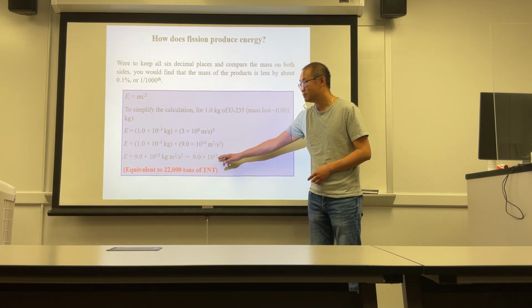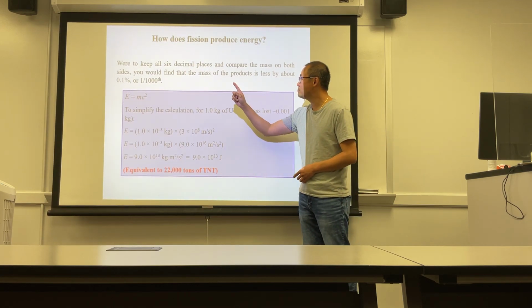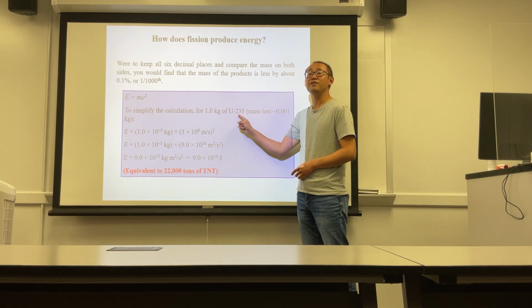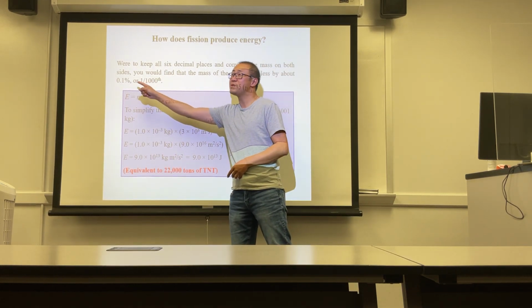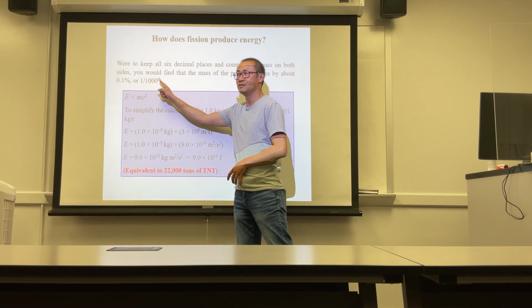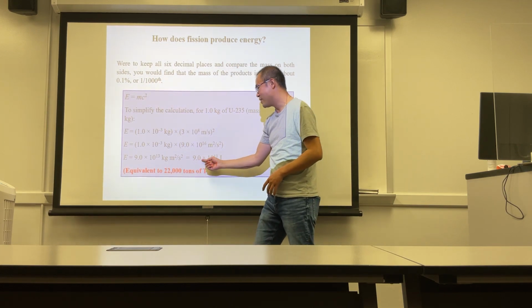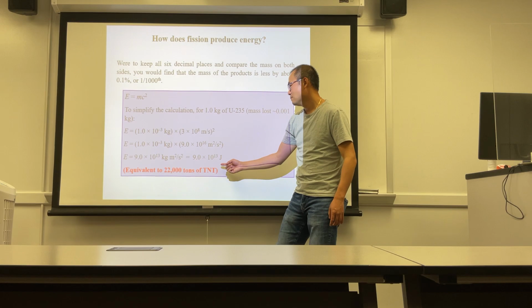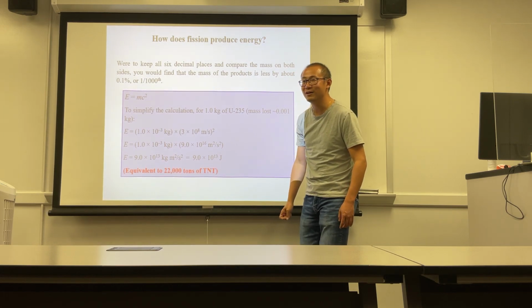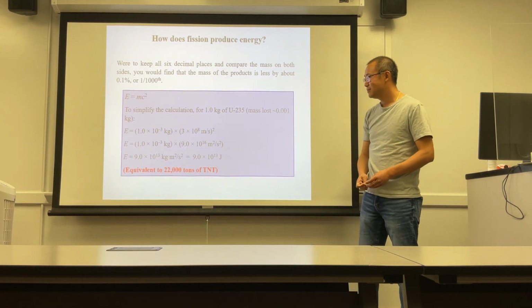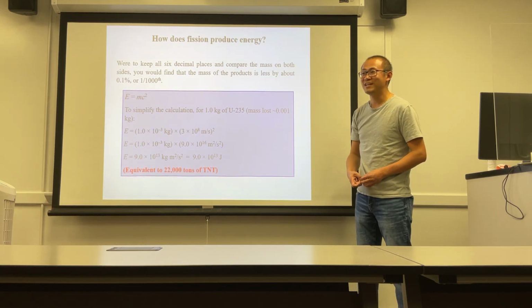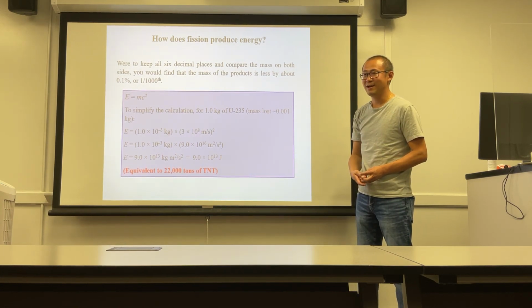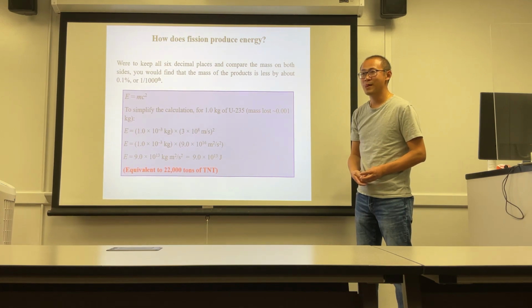So this means what? If you have 1 kilogram of uranium-235, you only lose 0.1%, 1,000th. You generate how much energy? 9 times 10 to the 13th. That means how many zeros after 9? 13 zeros after 9, right?